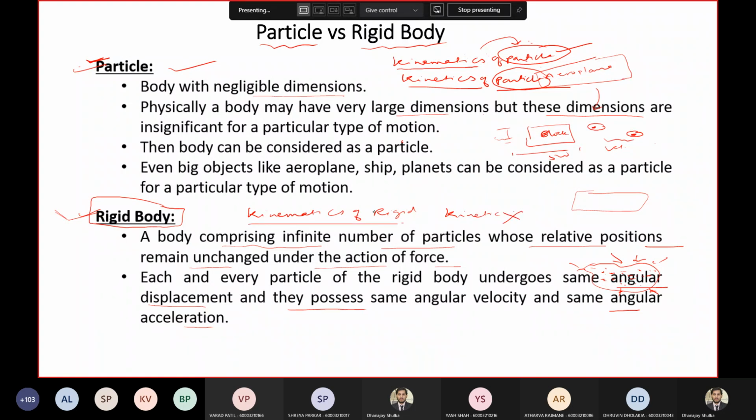Now you tell me, what is the motion of this rigid body considering only the motion parameters, and neglecting the cause of the motion. In case of kinetics of rigid body, it means the motion of rigid body as well as the cause of motions. Is it clear to you? What exactly is kinetics, what is a particle, a rigid body? These all things should be clear to you.